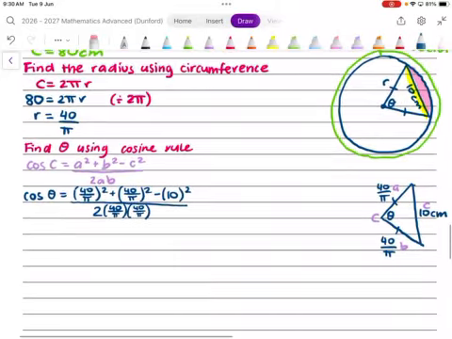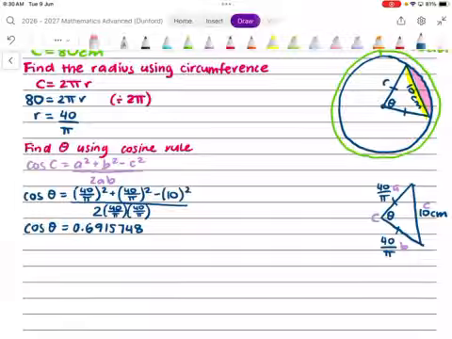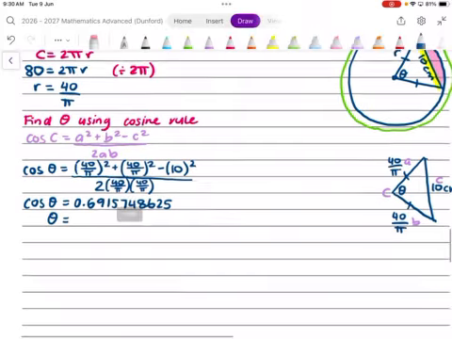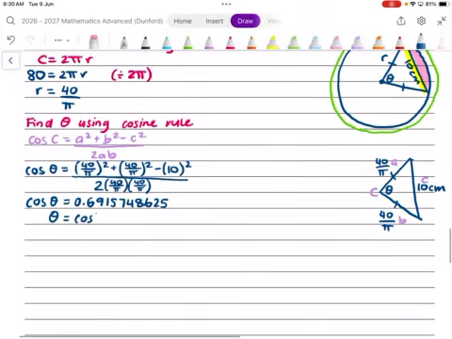Now, when we put just our fraction into our calculator, we get that cos theta is equal to 0.6915748625. So that means theta will equal inverse cos, or cos to the power of -1, of that 0.6915... Okay, and our calculator should be in radians.